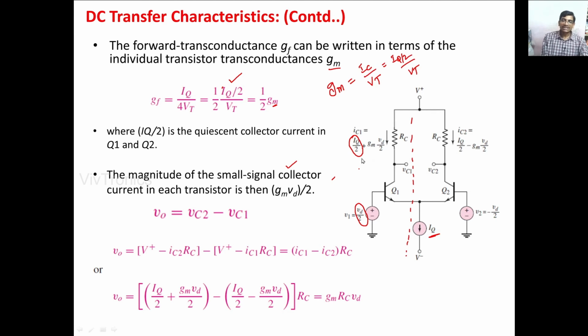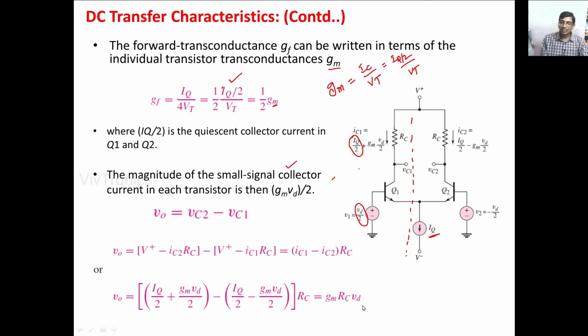What is IC1 here? IQ by 2 plus GM VD by 2. And IC2 is nothing but IQ by 2 minus GM VD by 2. In this equation, IQ by 2 gets cancelled, and GM VD by 2 plus GM VD by 2 equals 2 GM VD by 2, which is equal to GM VD into RC.